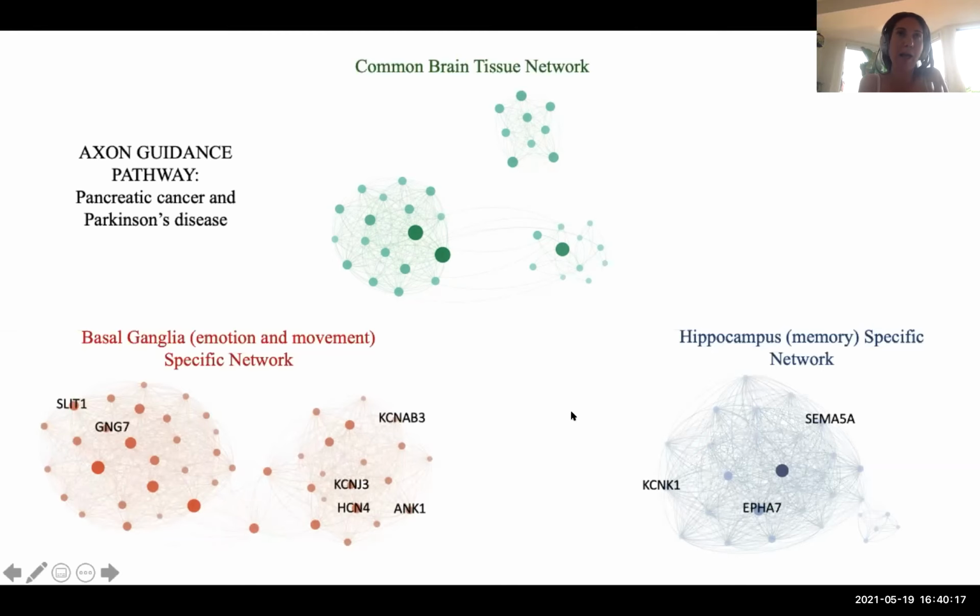First of all, I performed the gene set enrichment analysis to see if any of these factors are enriched in some biological pathway. Both are related to this axon guidance pathway that is related to pancreatic cancer and Parkinson's disease. But then these two different tissue networks have their own biological pathway.